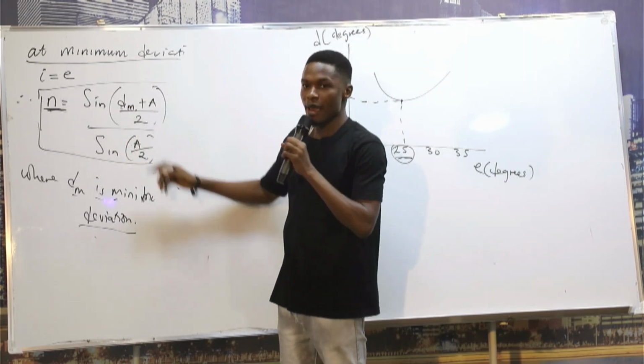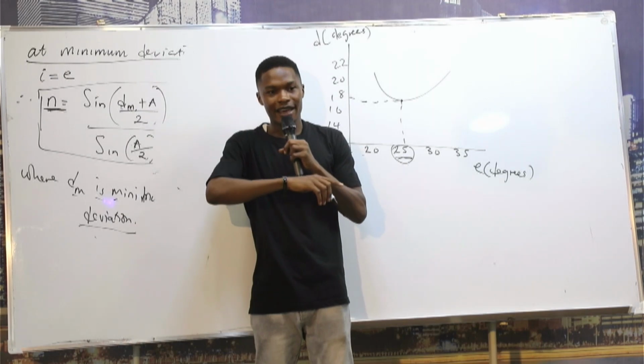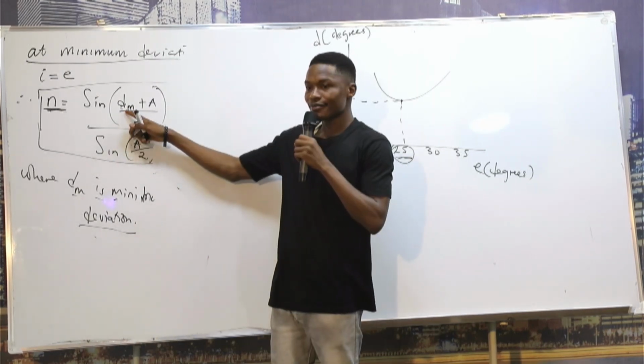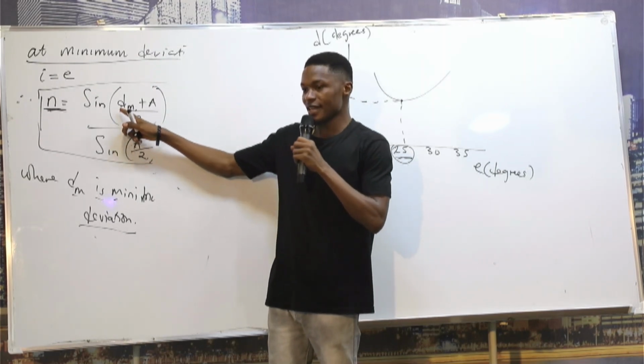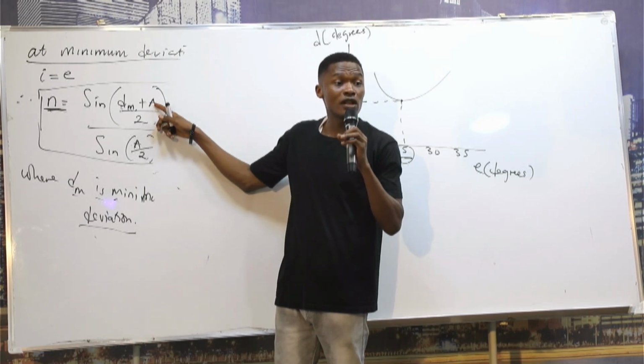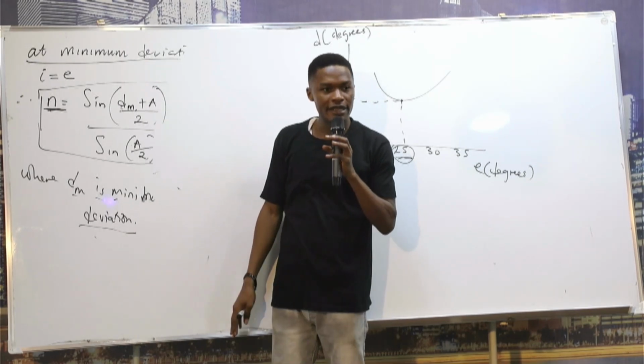Do you know the value of Dm from the diagram? What is the value of Dm? 18. In this case, it is 18. You know the value of A. A is always what? 60. So you will say 18 plus 60, and then you continue solving.